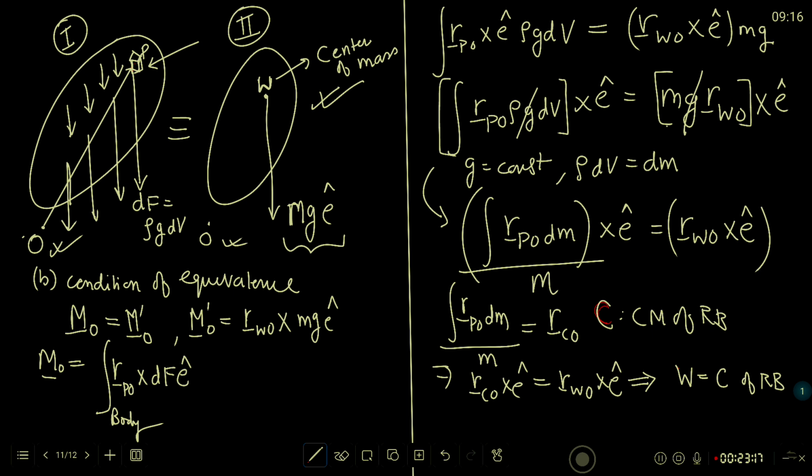That is what we usually do. What I have shown on the screen is the proof of why it is the right thing to do, to put the total mass concentrated at the center of mass of the RB. So this is again an example of a situation in which the equivalent force system is comprised of one single force acting at a special point.